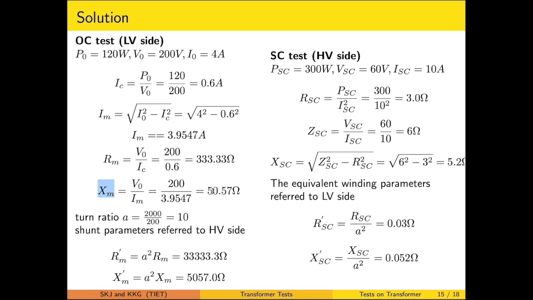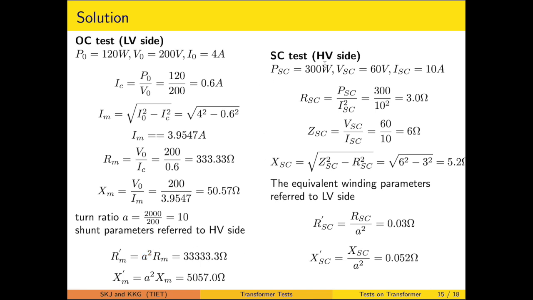So the magnetizing current is high here, or because of the high magnetizing current, the XM value is low. Another aspect, the RM value, which is a shunt parameter, has to be kept high to have a lower amount of core losses. The turns ratio is available, so you can find the transformed parameter referred to the high voltage side simply by multiplying by the A square term.